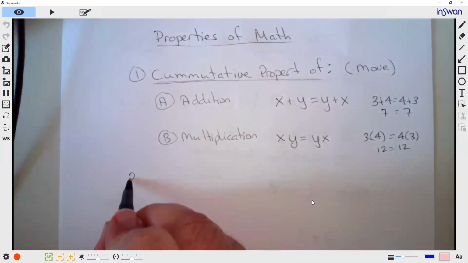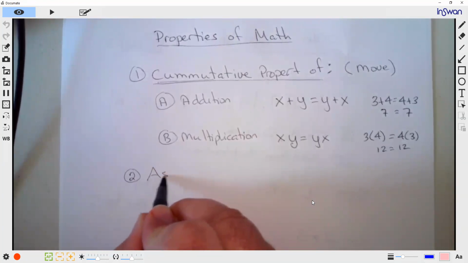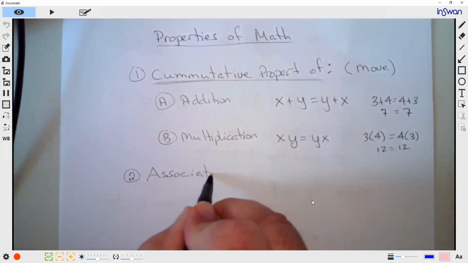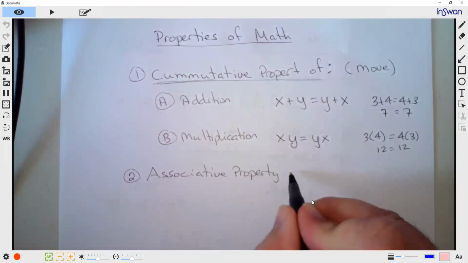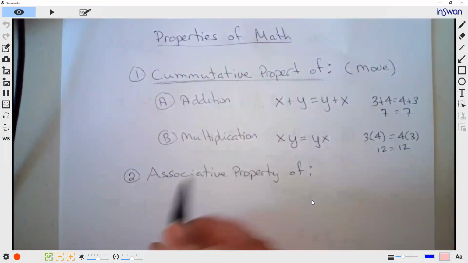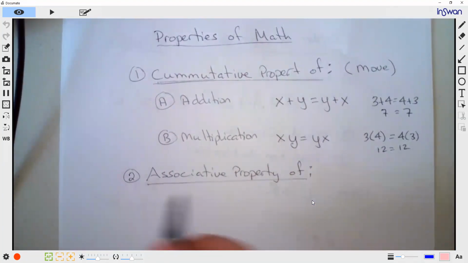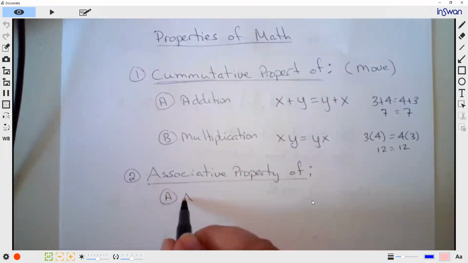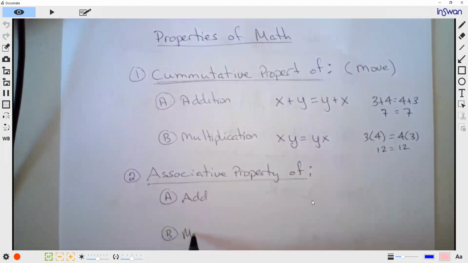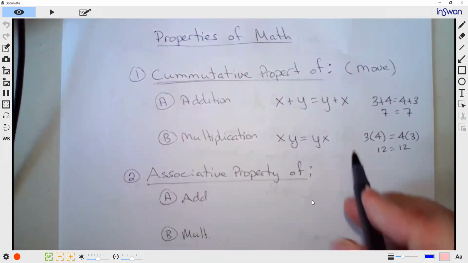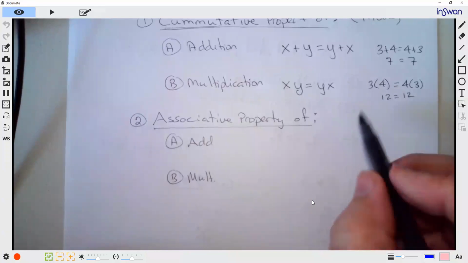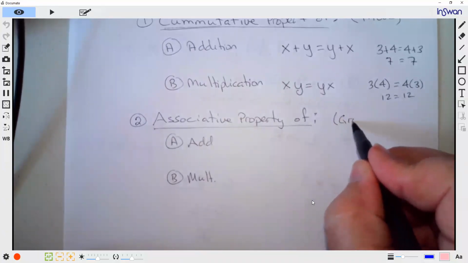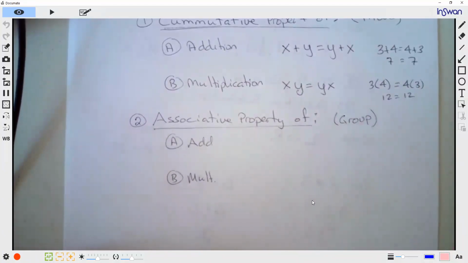The second property is the associative property of addition and multiplication. To associate means to group.